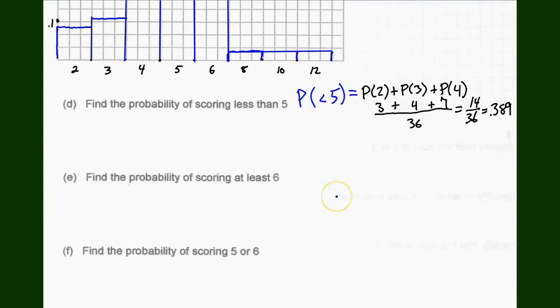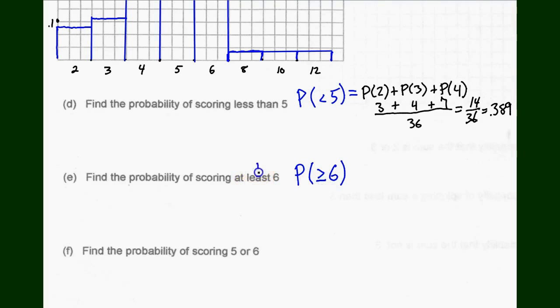What about scoring at least a 6? So what's wrong with this? Why is this wrong? Yeah, include 6, right? So some of this is English.